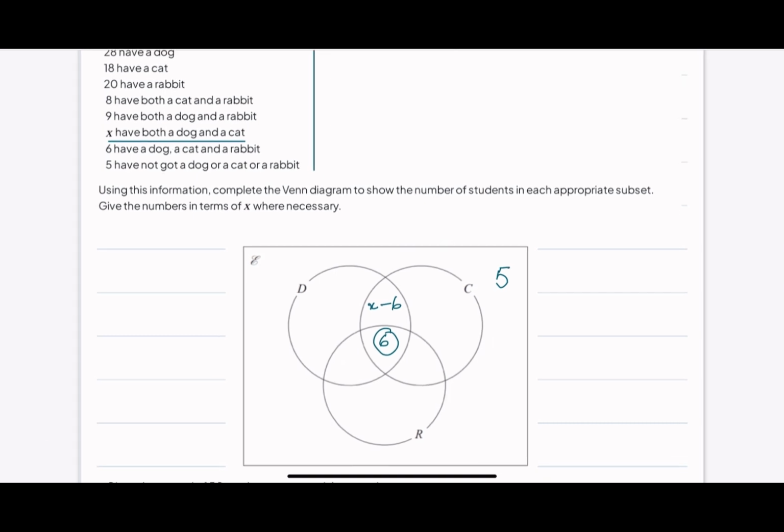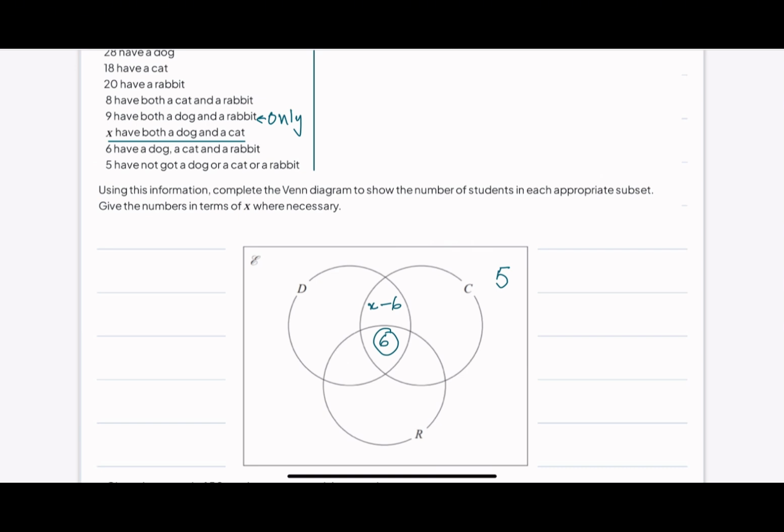The same case: if they had mentioned only in this line, I would have straight away written 9 here for dog and rabbit, but it mentioned that it's not only.